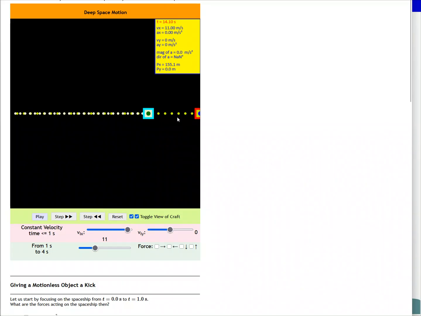Okay, notice here the red one is moving at a constant velocity. Maybe it's worth seeing the motion of the cyan one. And we know it's a constant velocity because the markings are the same distance apart. The markings happen at the same time interval, and we see them the same distance apart.